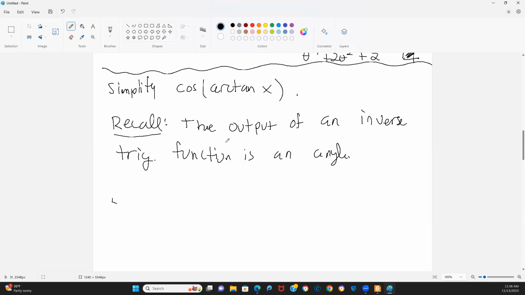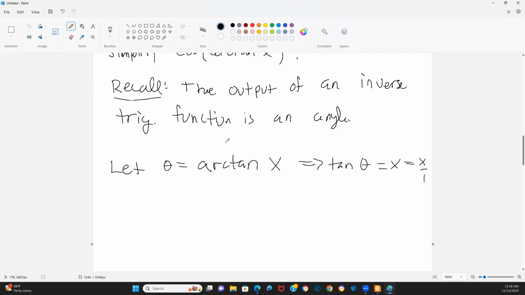So let's give arctan of x a name. Since it's an angle, we'll use theta, because theta is usually used to denote angles. So let theta equal arctan of x, and that, of course, implies that tangent of theta is equal to x, which is x over 1. Now we want to draw a triangle whose angle is theta.